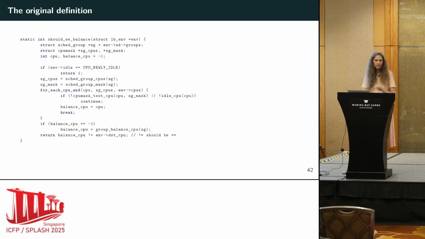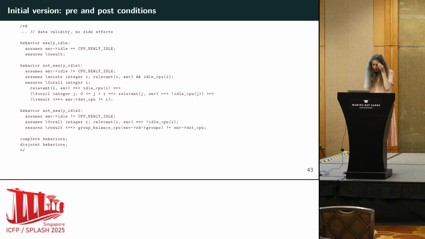So here's the code. It's not really necessary in the context of this talk to understand it all. And here are the pre and post conditions. Basically, you can see that it's a little bit complex because we have 3 different situations. If it's newly idle, then we want to allow it to do load balancing. And then the other 2 cases, if we find a core that is idle, a CPU that is idle, the first one should get elected.